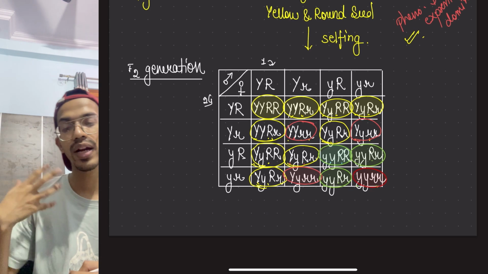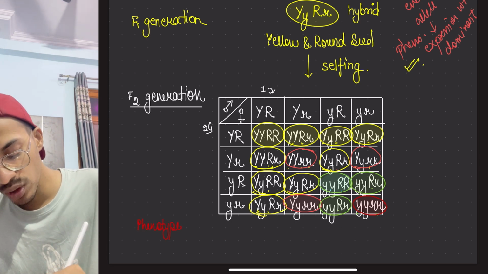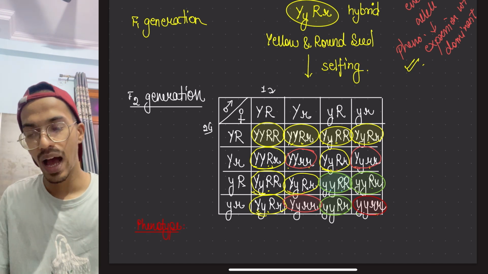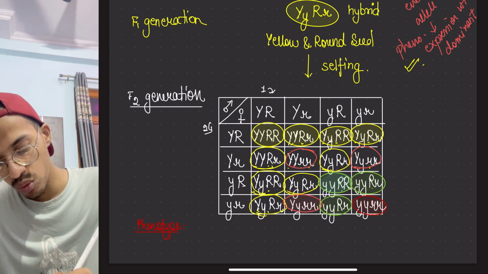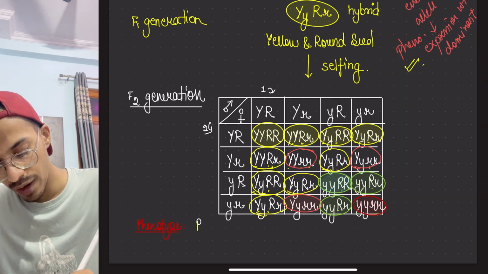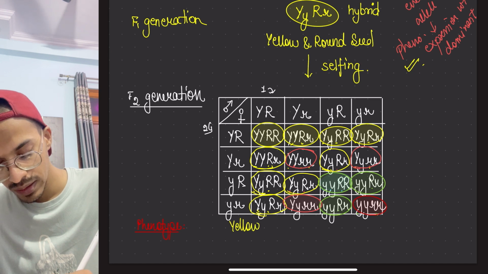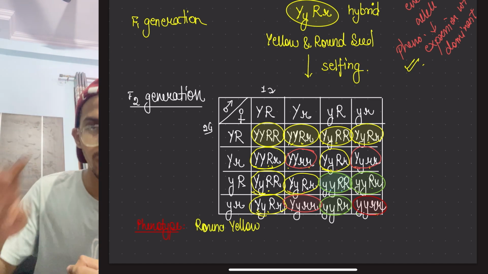So if I have to write the phenotype of them, in the phenotype I have what options? I have the option of round yellow. How many round yellow are present? Let's calculate it with the yellow color I have made.